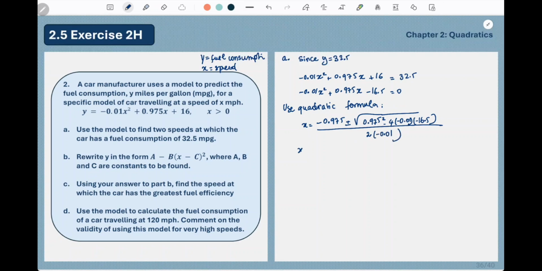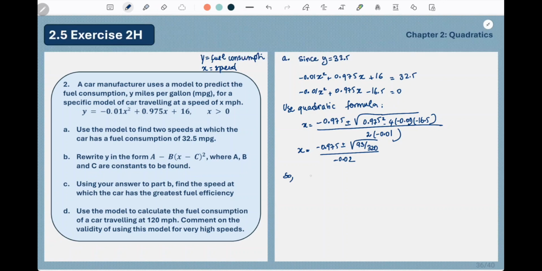So all I've done here is apply the quadratic formula that's provided in the textbook. So now I've got to compute everything inside the square root.